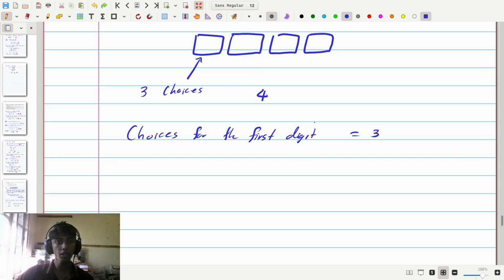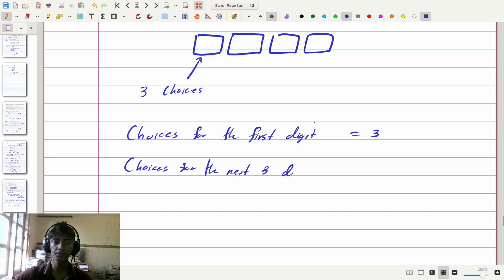And therefore, for the first digit we have 4 choices, for the next one we have 3 choices, and for the last one we have 2 choices. And therefore, the choices for the next 3 digits is going to be equal to 4 choose 3 times 3 factorial. We can literally put anything we want into the remaining spaces.